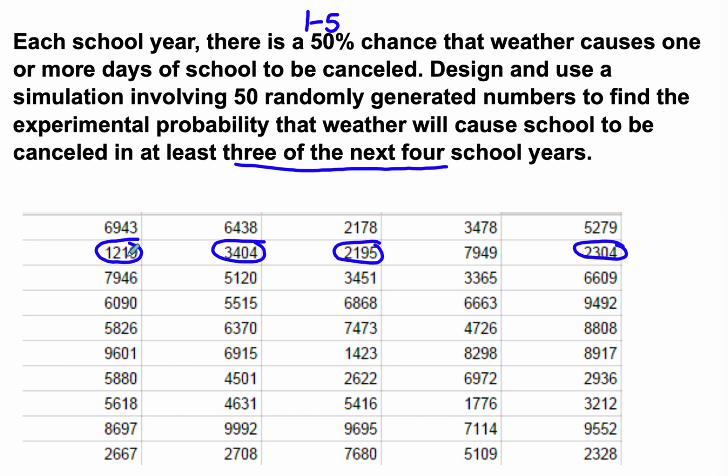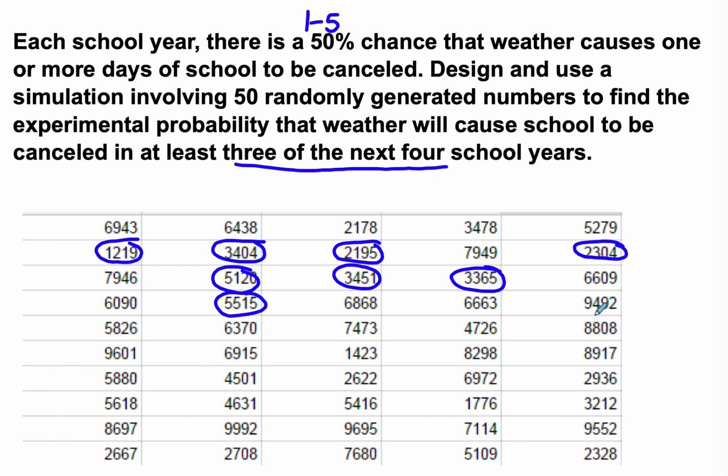Okay, let's check our answers. So, looks like this one works. This one. This one. This one has all 4 that work. No. Remember, 0 does not count as being 1 through 5.